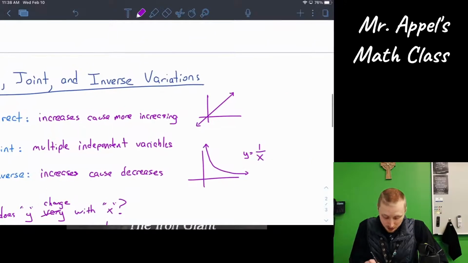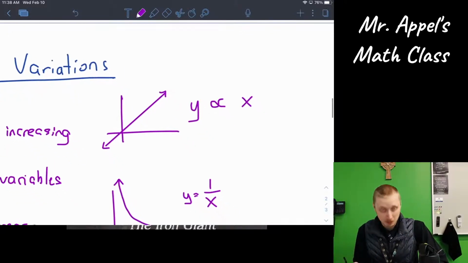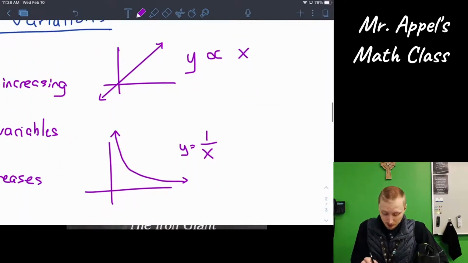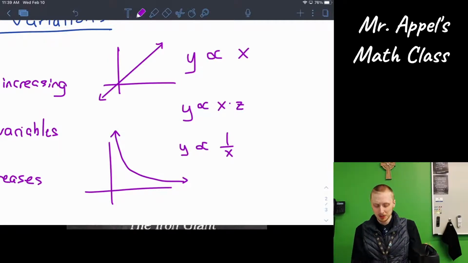So whereas the direct variation says y is proportional to x, and inverse says y is proportional to the inverse of x. The joint variation says that y is proportional to like x and z, multiple things.